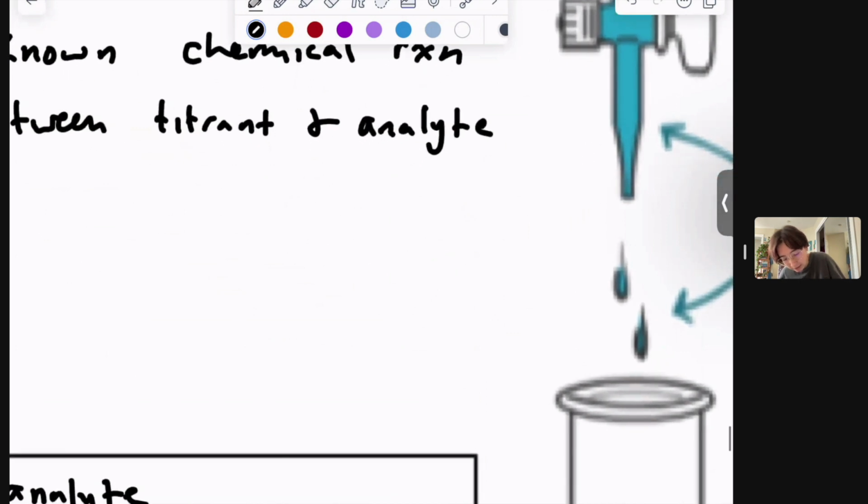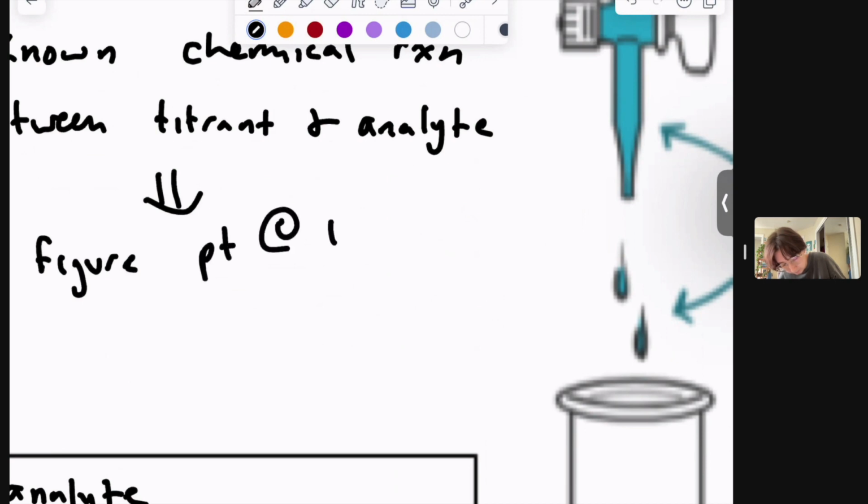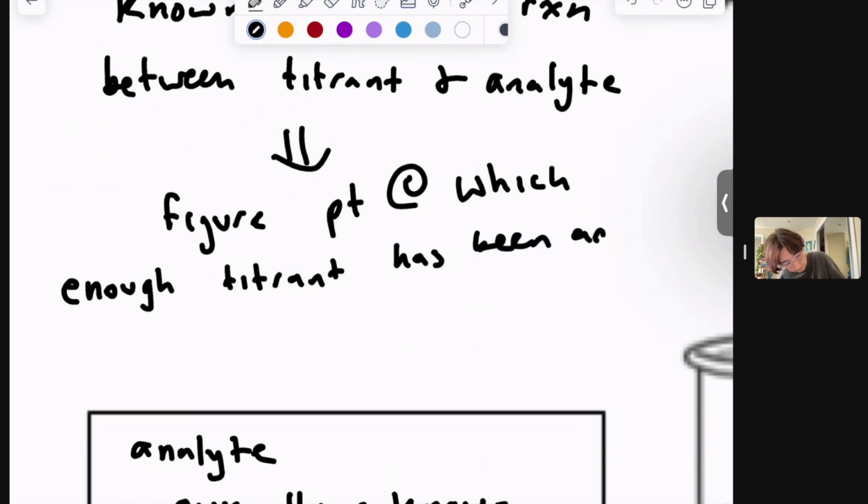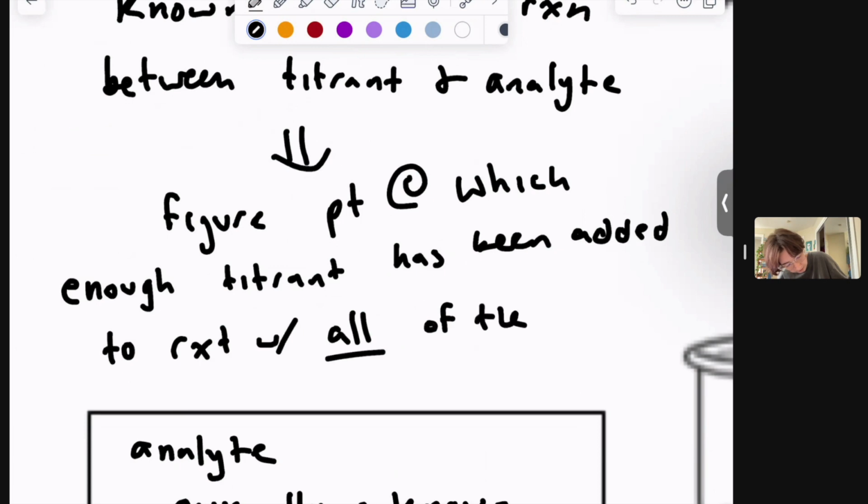And your goal here really is to be able to figure out the point at which enough titrant has been added to react with all of the analyte.